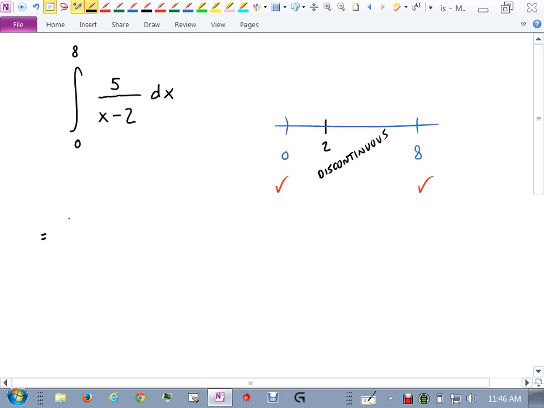It's going to be the integral from 0 to 2 from which side? Left side of 5 over x minus 2 dx plus the integral from now to, you can go from the right to 8 of 5 over x minus 2 dx.